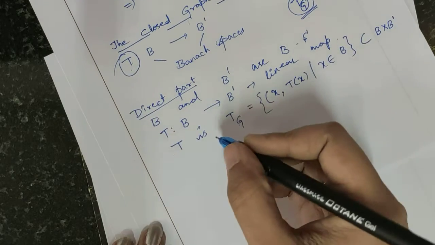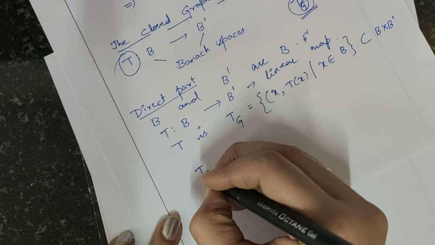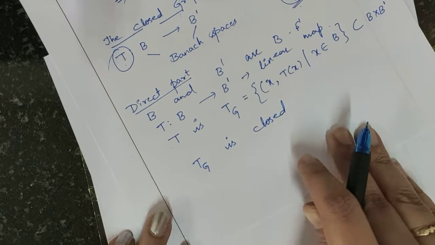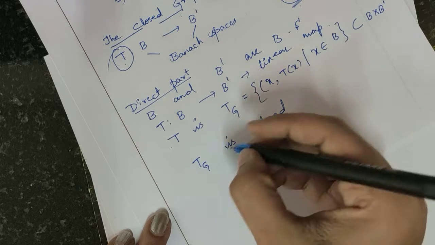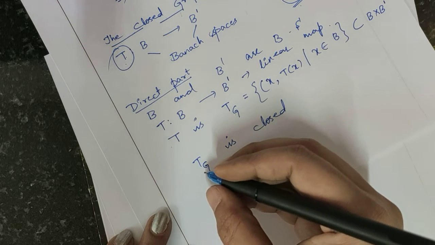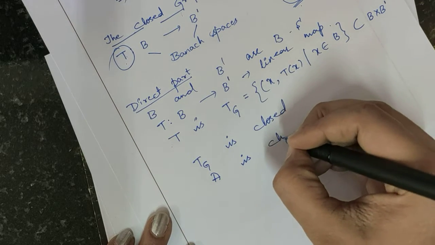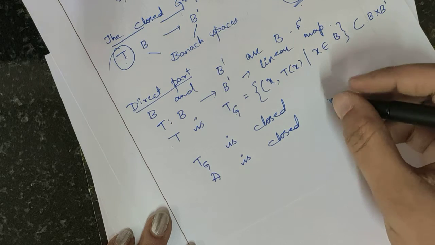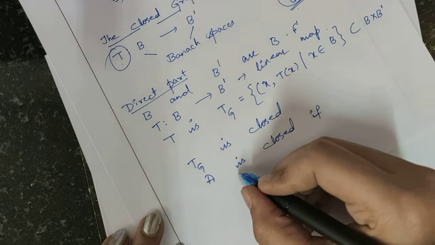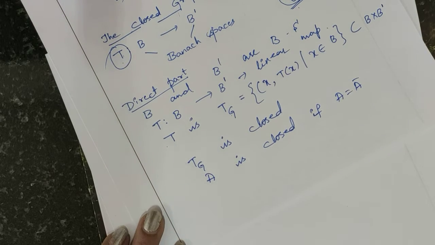Now, in order to prove TG is closed, we know from the knowledge of topology that if I want to say A is closed, then the condition that holds is A is equal to A closure, right?